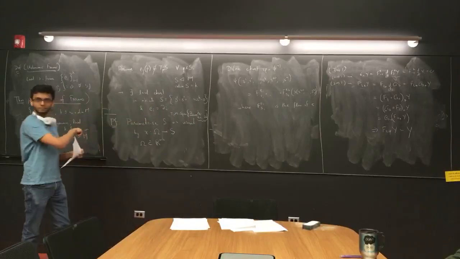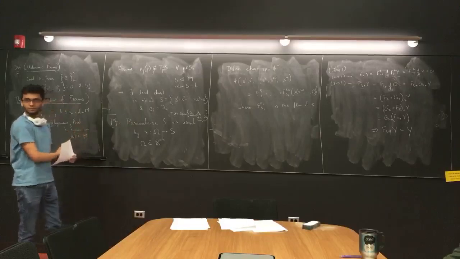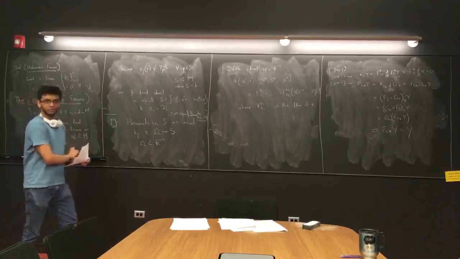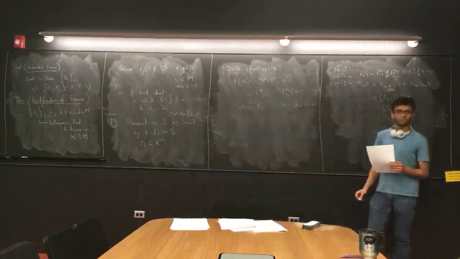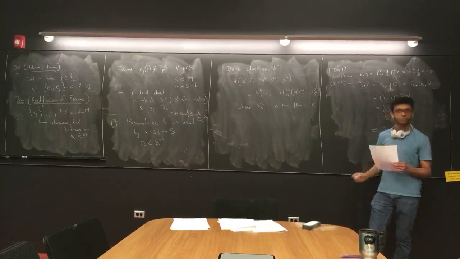So we're constructing a chart not for S, but for all of M, for a neighborhood in M, such that only some of them coincide with S. Exactly. And our directional derivatives would just be our choice of parameterization in the transverse space.